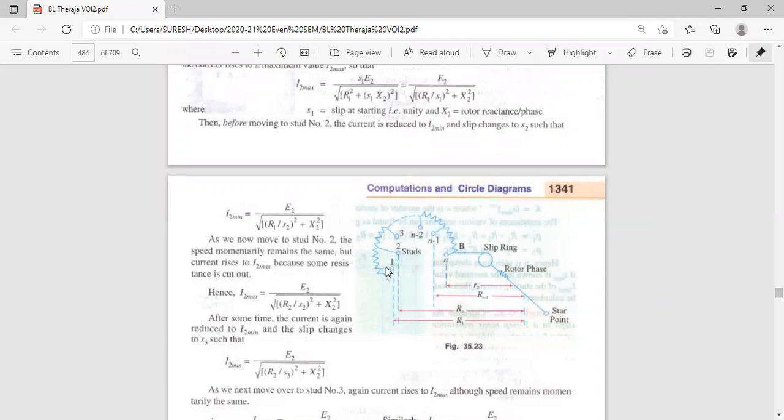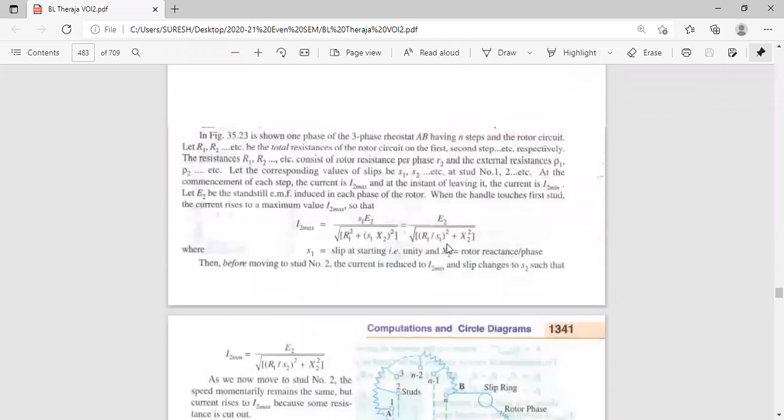So in between 1 and 2 it is R1 minus R2, and in between 2 and 3 it is R2 minus R3. Similarly, in between N minus 1 and N, the resistance is R suffix N minus 1 minus Rn. Is it okay?